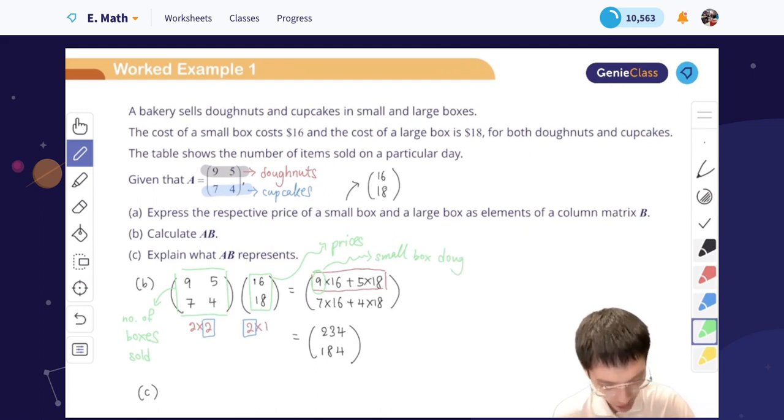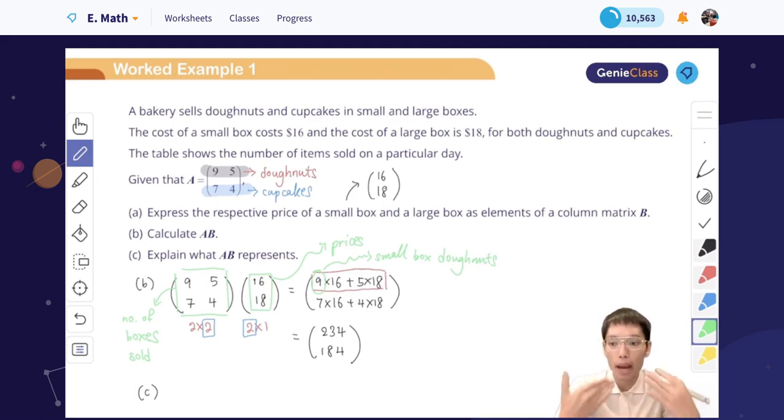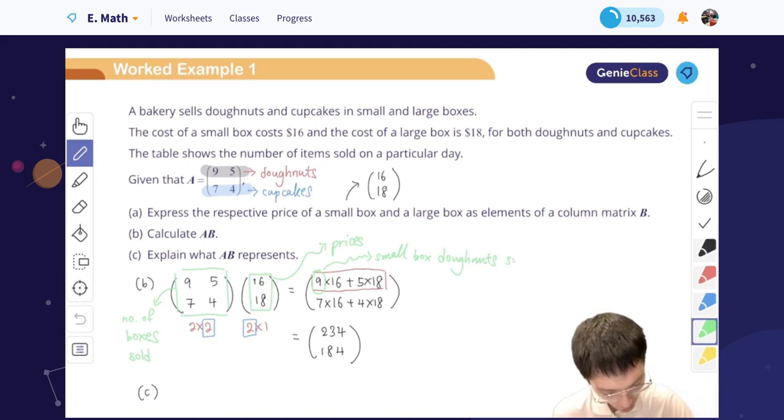And in fact, Jude has given me the correct answer. Yes, but you have to add one word over there. It's not really the total number of sales, but I will just edit your word a little bit because I'm talking about money over here. Because it's a small box of donuts. Okay, you're almost there, Jude. Hang in there. The first one represents the small box of donuts sold. And the other one is what? The other one is actually the price of the donuts.